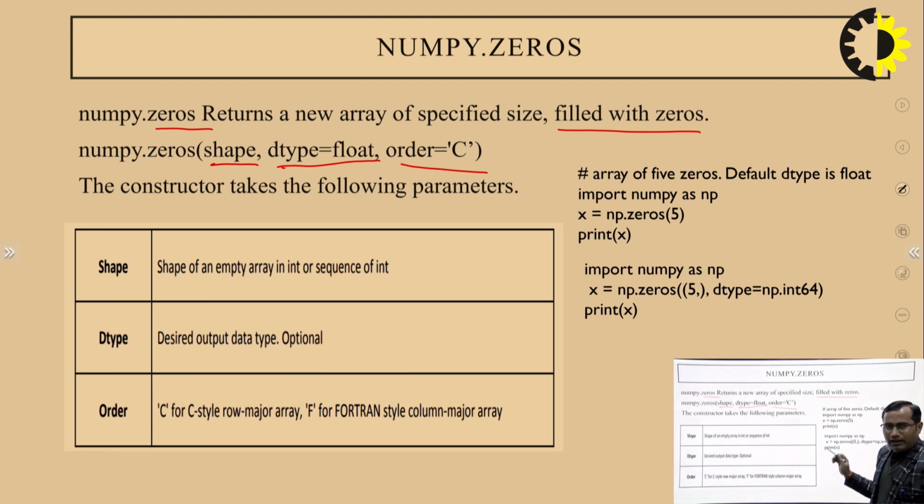Here we can look at a code. So here we have used the zeros function and we have provided this number. That means it will create an array filled with zeros.